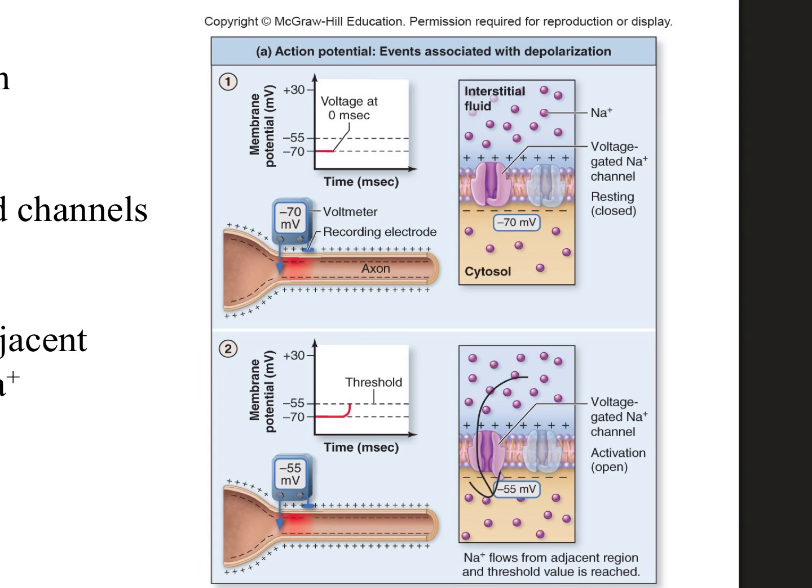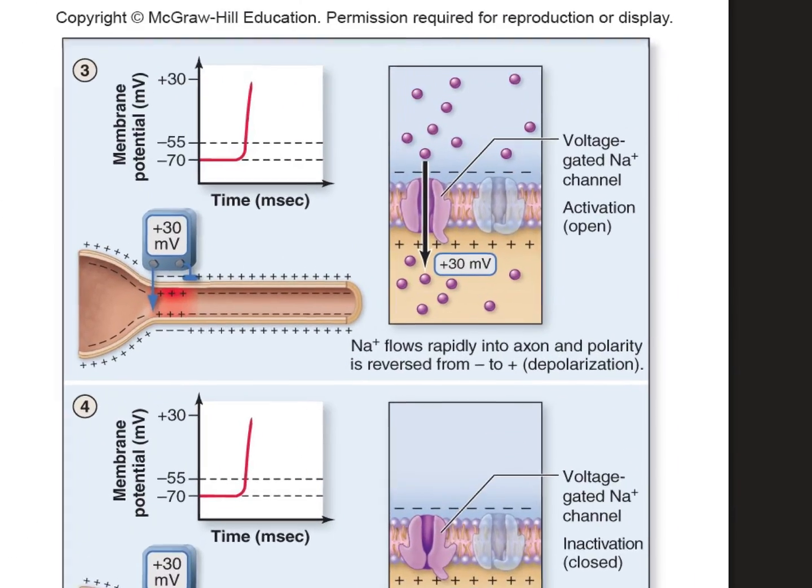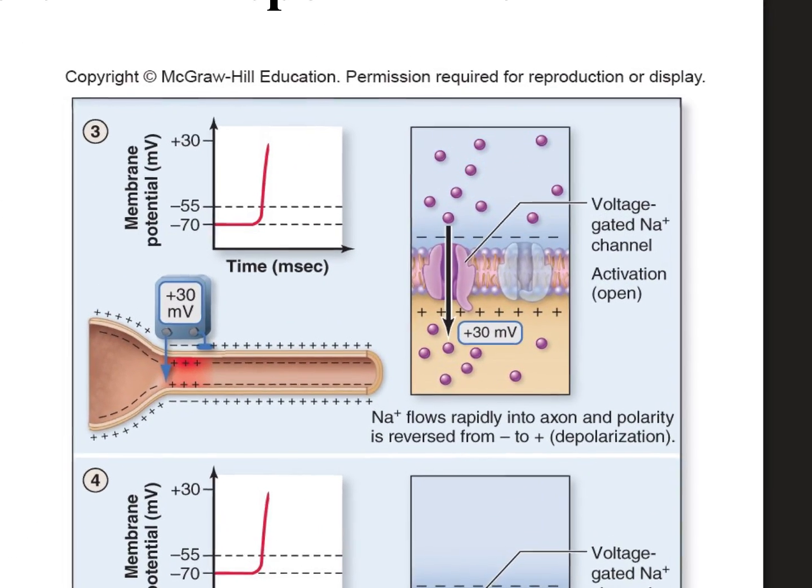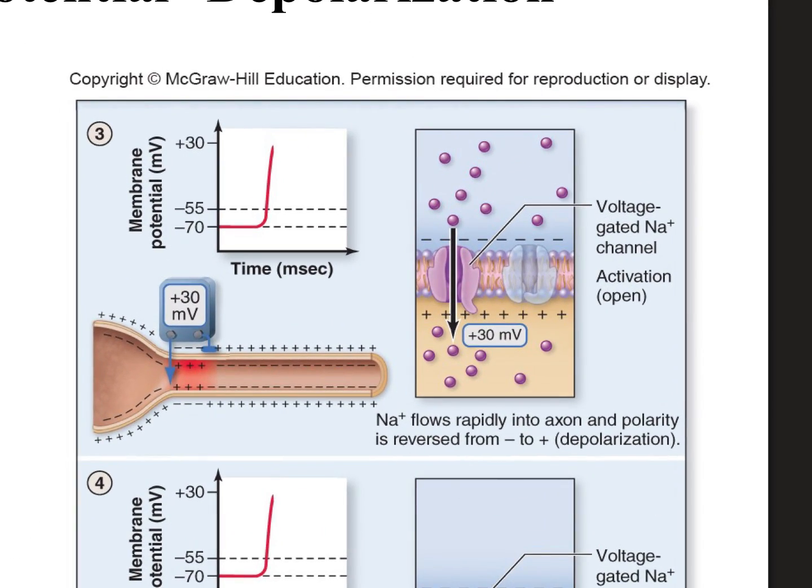Right? What's going to happen in the minus 55? We've reached minus 55. Now where is it going to go? It's going to become more positive. Up to what? Positive 30. Right? And that's what we see right here. Why is that positive 30 a big one?